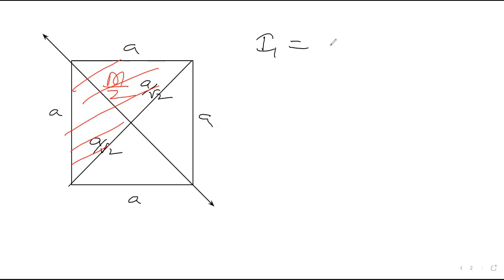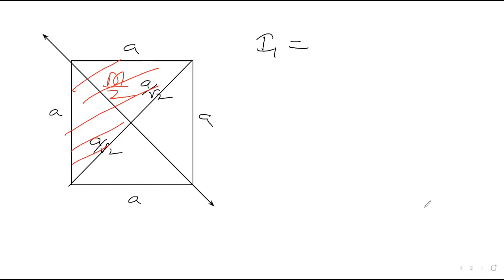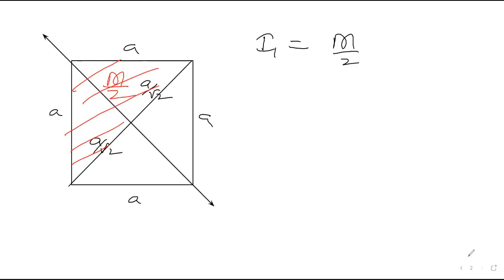I'll write I1, as the formula goes, as mb square over 24, so M by 2 into b square over 24. This b used to be the length of the base, or the side which is not included in the equal sides.